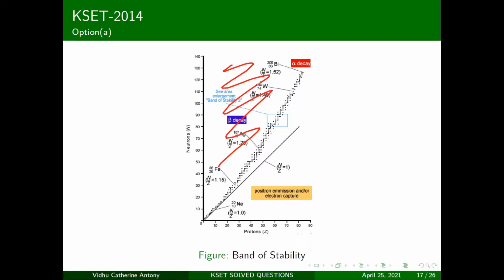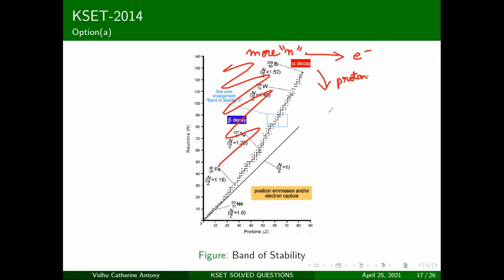That means they have more neutrons. If they have more neutrons, they are going to spit out electrons so that they can form protons, enter the band of stability and lower their N by Z ratio.